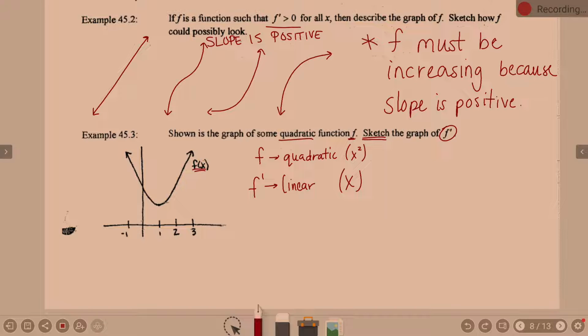Okay? Let's go analyze f over here. What kind of pieces can you tell me there? So it's going to be right 1. So x would be x minus 1 squared.